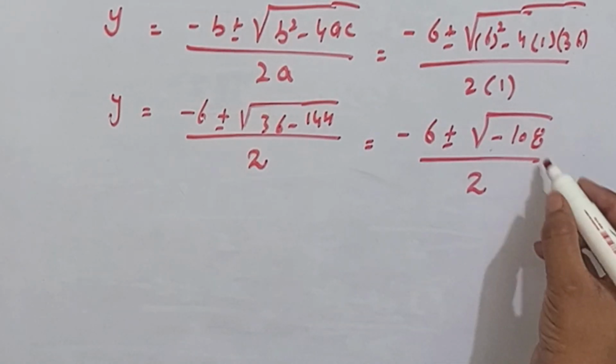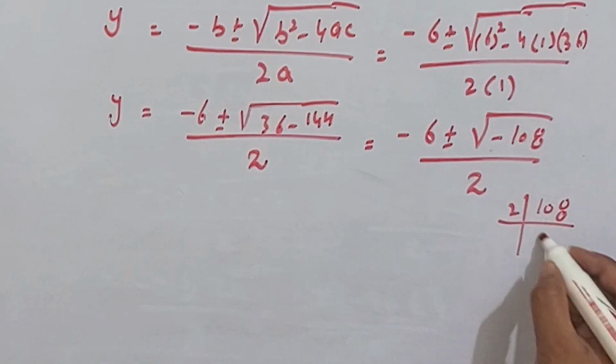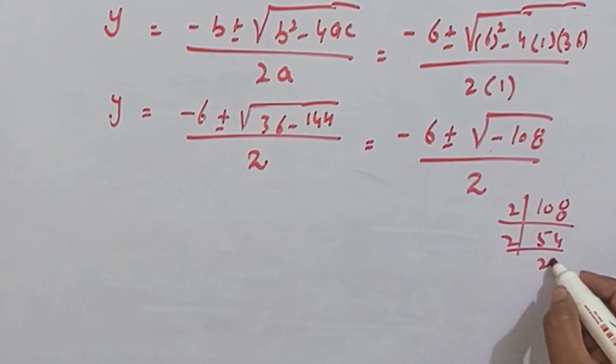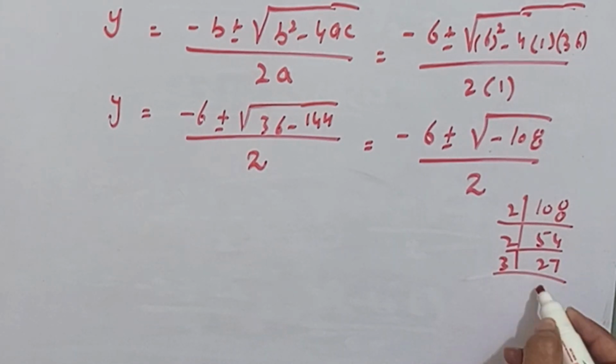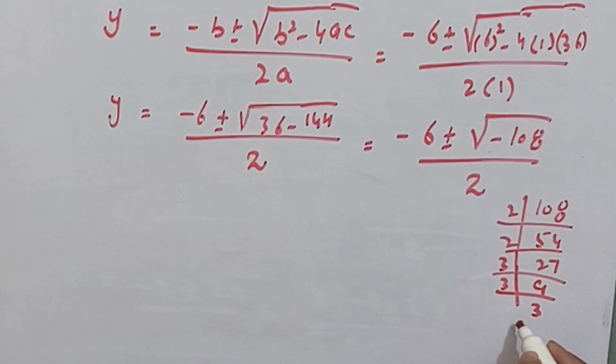We find the factors of 108. 2 fives are 10, 2 fours are 8, 2 twos are 4 and 2 sevens are 14, and 3 nines are 27, 3 threes are 9, and then again 3 ones are 3.